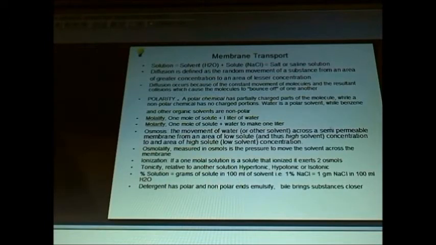Now, osmosis. Osmosis is the movement of water or other solvent across a semipermeable membrane from an area of low solute, thus high solvent concentration, to an area of high solute and low solvent, like we saw with the egg. The egg was in distilled water.